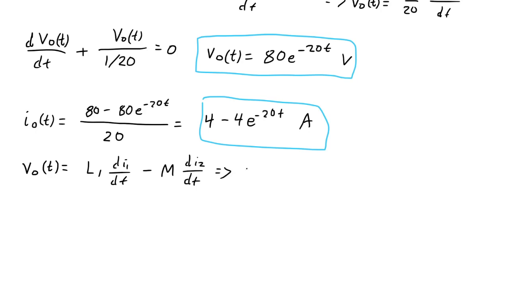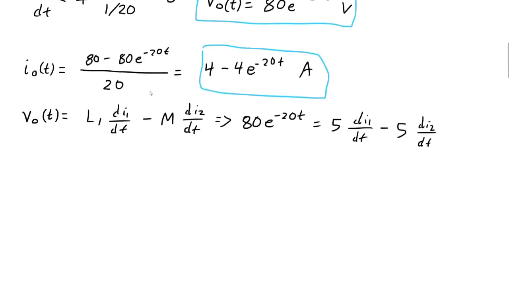So if we plug in 80 e to the minus 20t for v_o(t), L1 is 5 di1/dt minus 5 di2/dt. Okay.